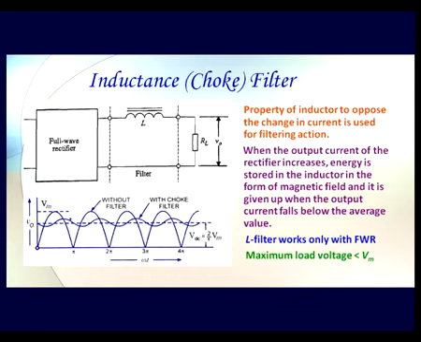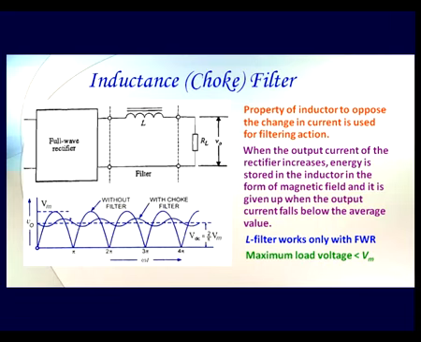We can also use inductance, or the choke, as a filter, where the property of the inductor to oppose the change in the current is used for our filtering action. In this case, when the output current of the rectifier is increased, the energy is stored in the inductor in the form of magnetic field, and then it gives out that current when the current at the load falls below the average value.